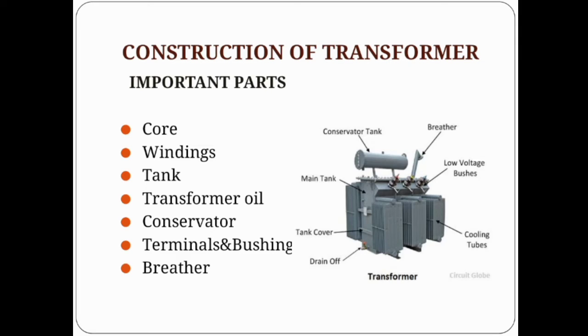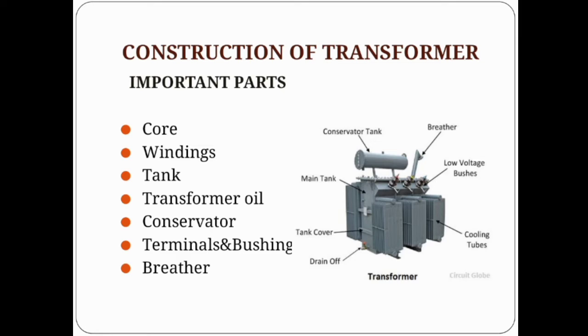Of these, the core and winding are the most important constructional parts, and they are the internal parts of the transformer. First I will explain the remaining constructional parts.